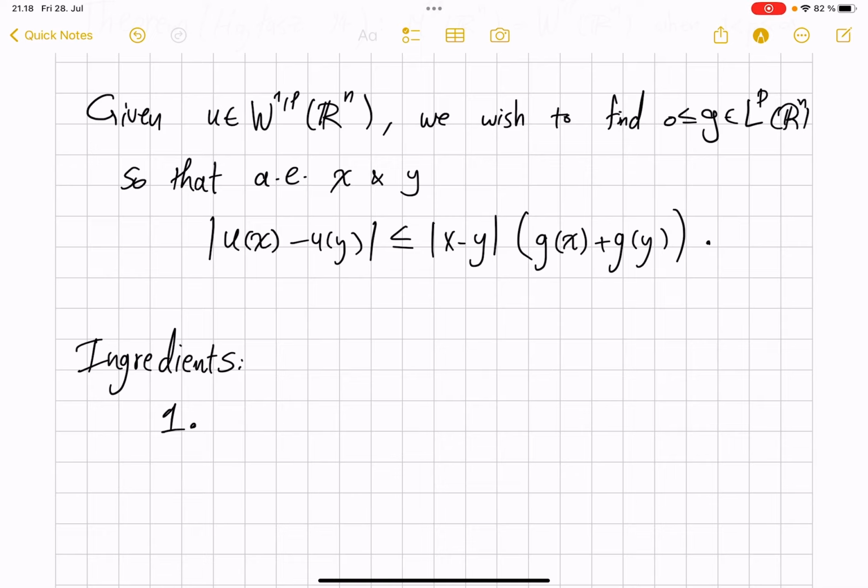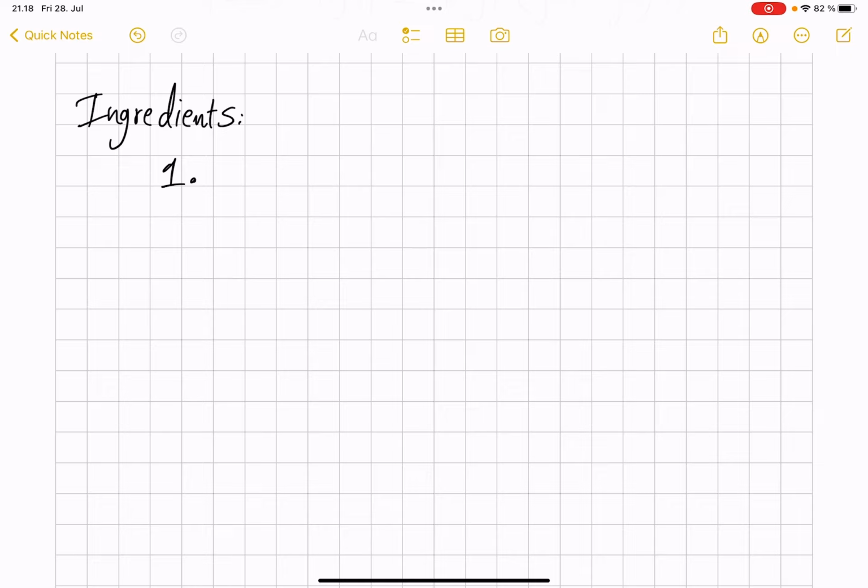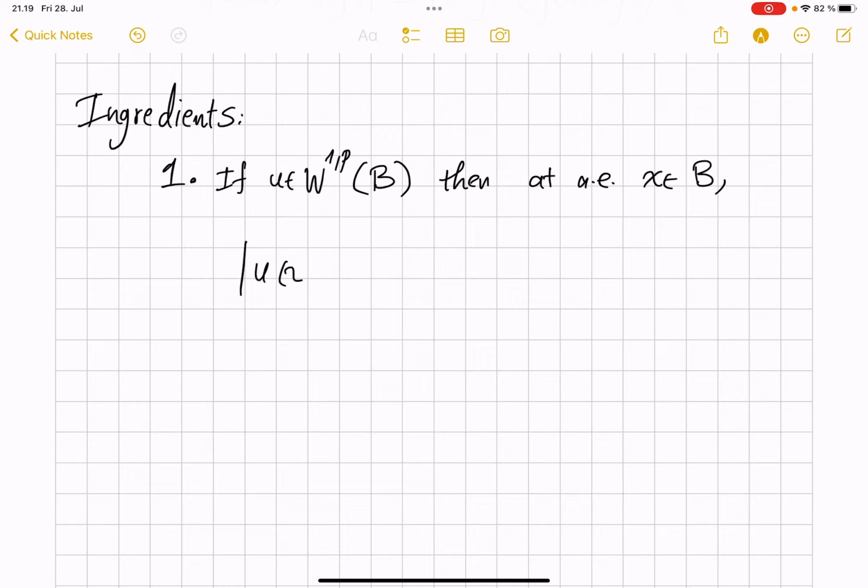The ingredients needed for this are, number one, the following fact: if u is a function in W^{1,p} of some ball, or similarly it will work if it is just a cube, then at almost every x in this ball we will have this inequality, that u evaluated at x minus the average of u over B, which we are familiar with from our discussion of Poincare inequalities, is less than some constant which only depends on the dimension n, times the integral over this ball.